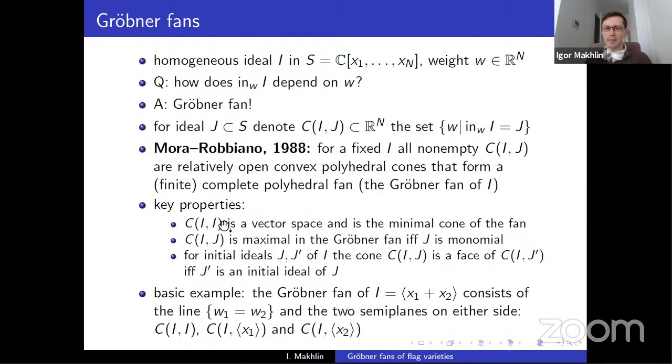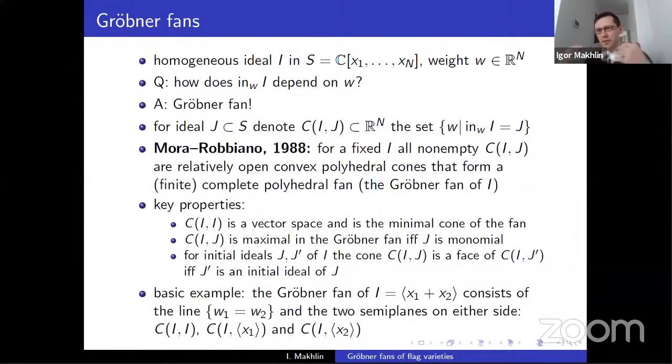We have CII, the set of W's with respect to which the initial ideal of I is I itself. This is the minimal cone in our fan, so it is a face of every other cone.